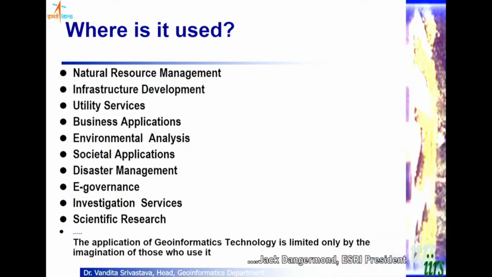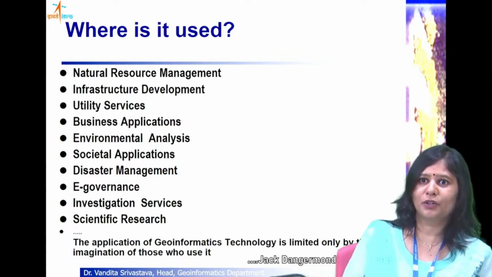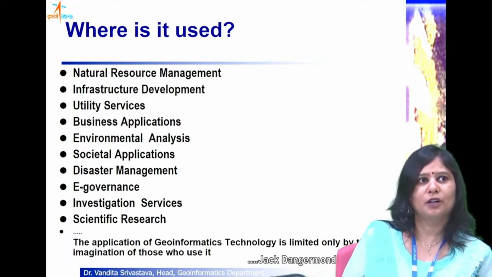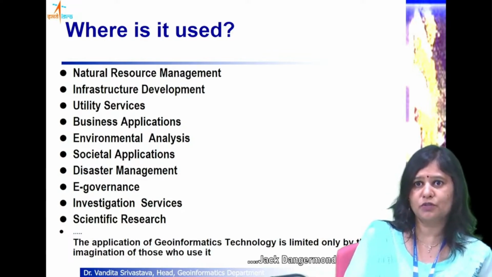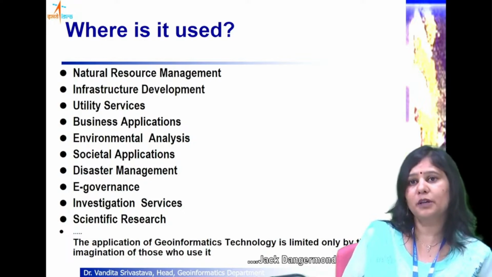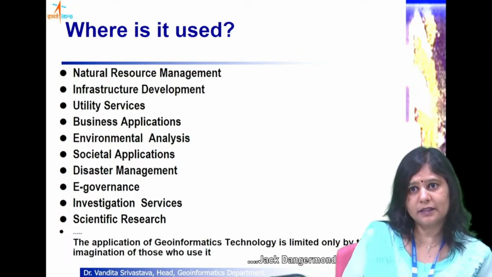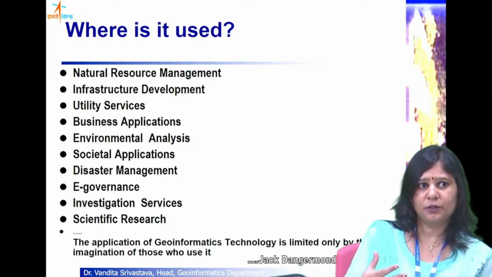It has societal applications, like I said, health GIS. The person who is providing that application needs to know that GIS can also be used in the health sector, by understanding how a disease is spreading.